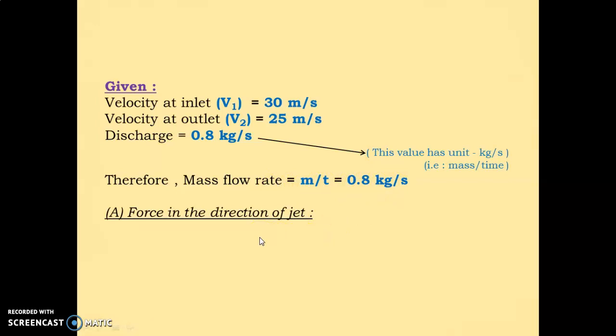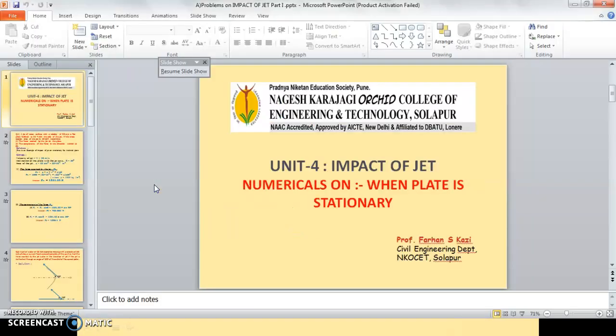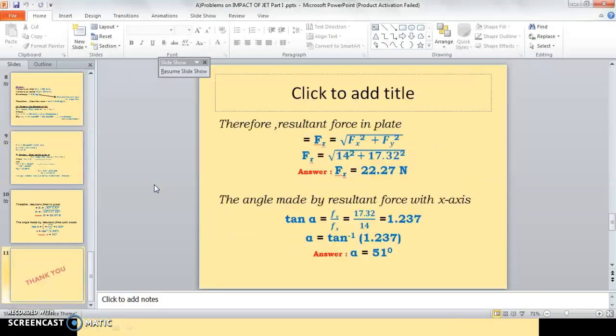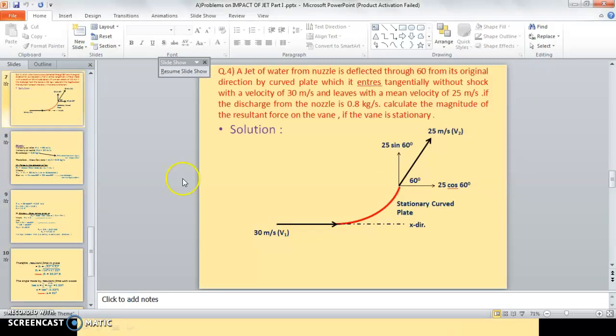Now first we will find out the force in the direction of jet. Okay, Fx is equal to mass flow rate into initial velocity in the x direction minus final velocity in the x direction. Now if we see the diagram, initial velocity in the x direction is 30 meter per second, but final velocity in the x direction is 25 cos 60°.